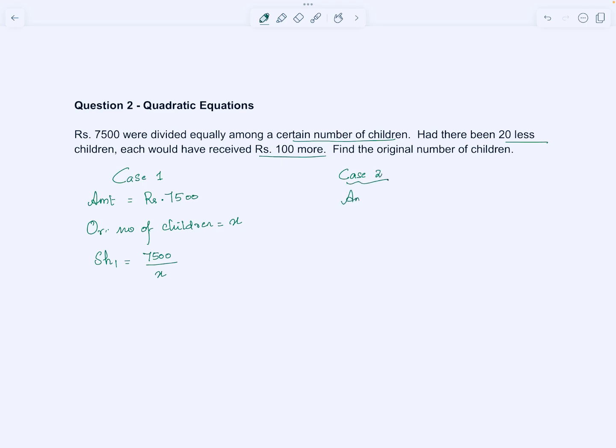the amount to be divided is same, which is 7,500. Had there been 20 less children, that is, the new number of children is 20 less than the initial, which is x minus 20. The share per person is 7,500 by x minus 20.